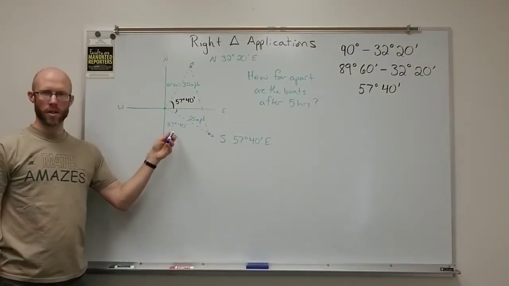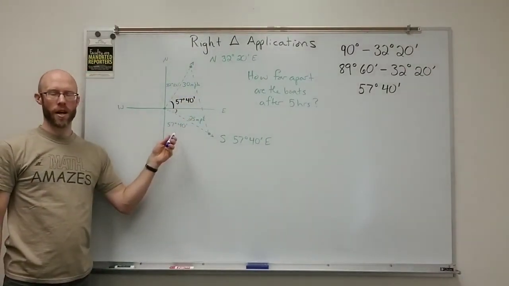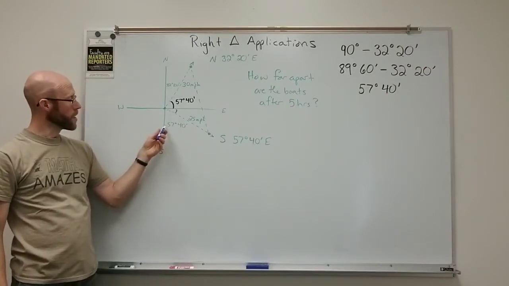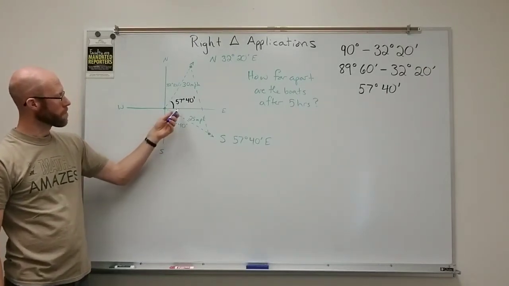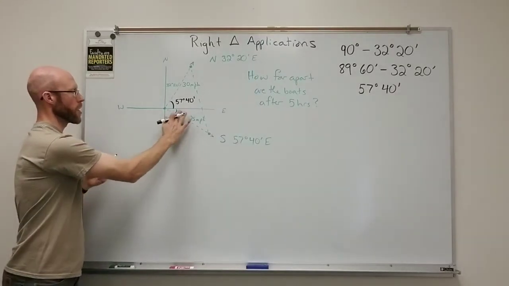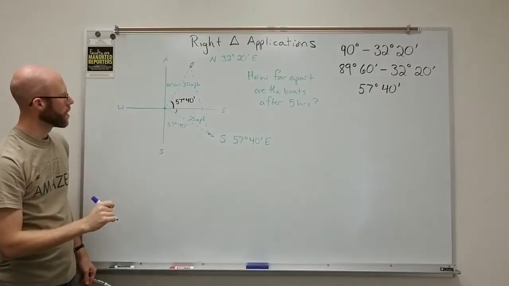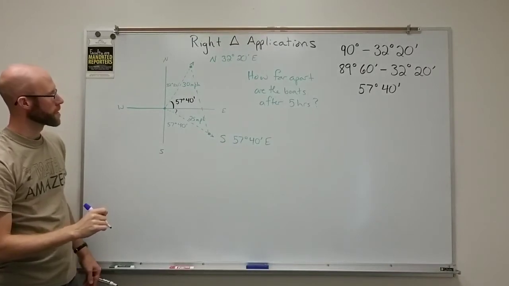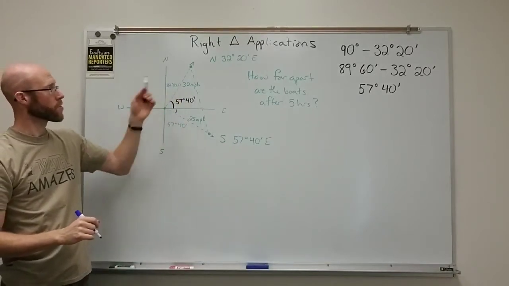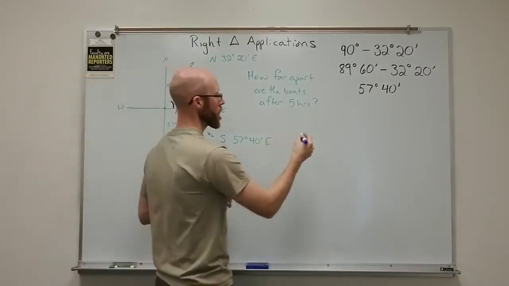Well, interestingly, I recognize that as the other angle in the problem here. And so when I calculate my complement for this lower angle that I highlighted in blue, interestingly, it's going to be the 32 degrees 20 minutes, right? You could check that.